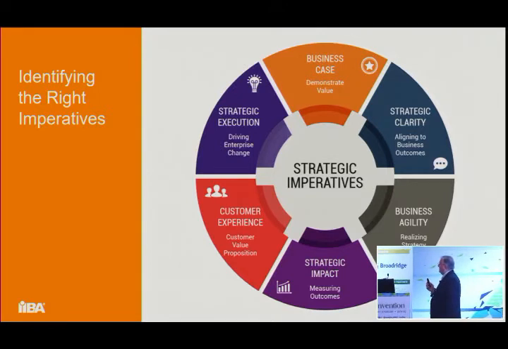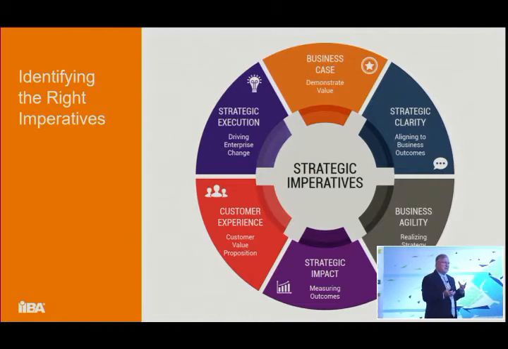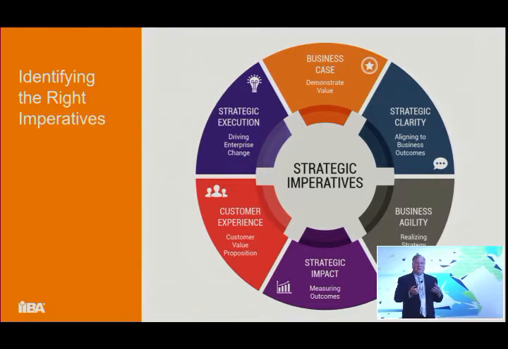The second item here is around strategic clarity, right? Aligning to the business outcomes, so that ties back into the business case, but it's very much focused on outcome orientation. That is a big part of what we see in this linking of the strategy and purpose.